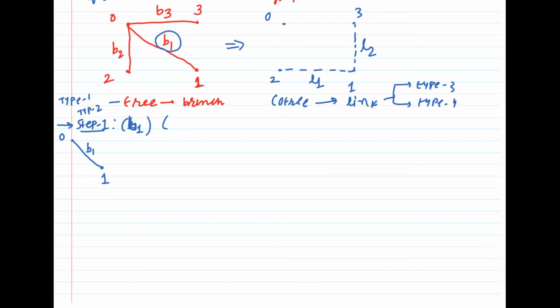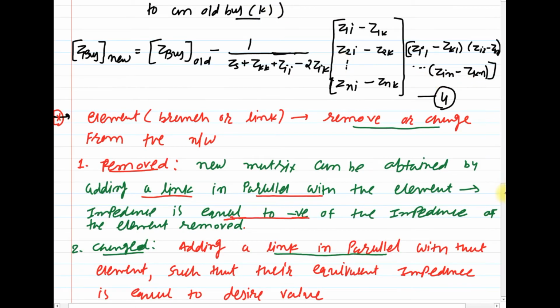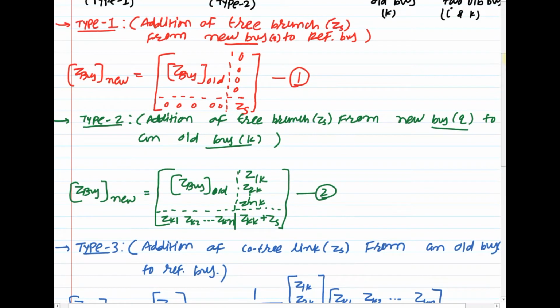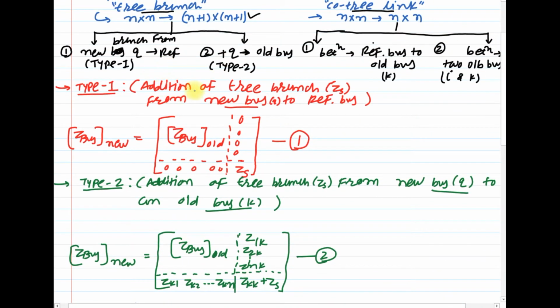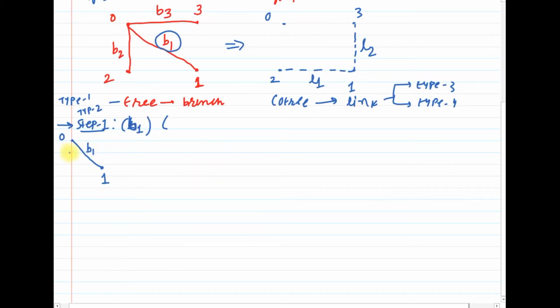Okay, so just look at over here, for type 1 modification, this is the addition of tree branch ZS from new bus Q to reference bus. Same way, since this is your first example, write every detail.